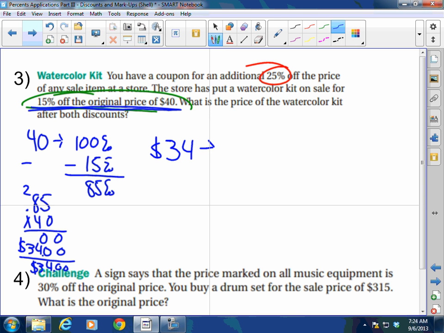Now, $34 is 100% of the price. Minus a 25% discount, you're paying 75% of the original price. So 34 times 0.75.